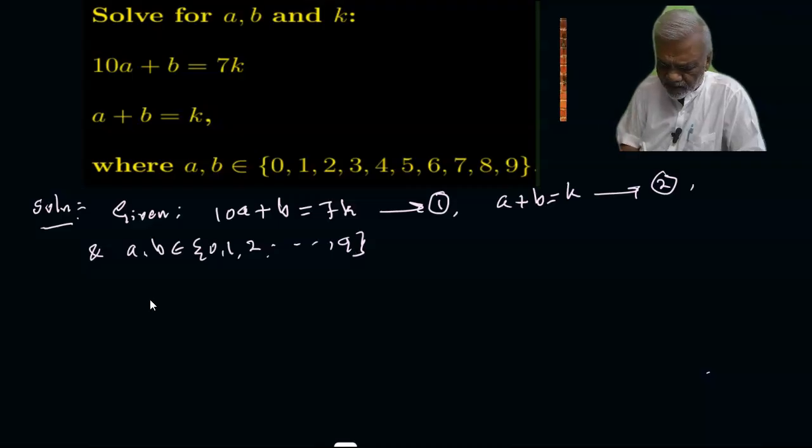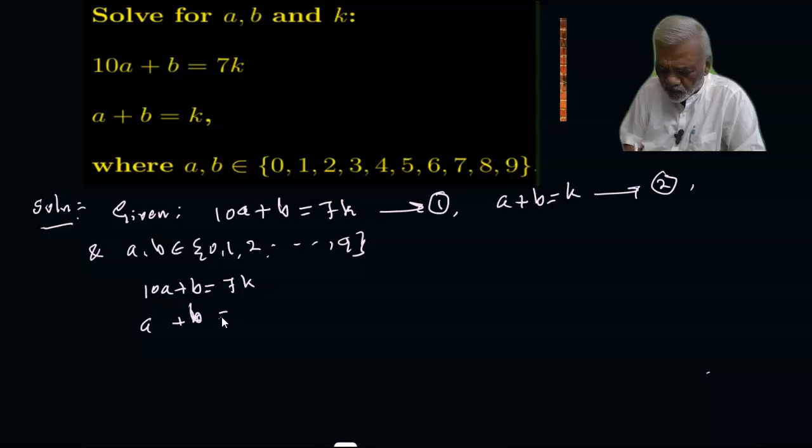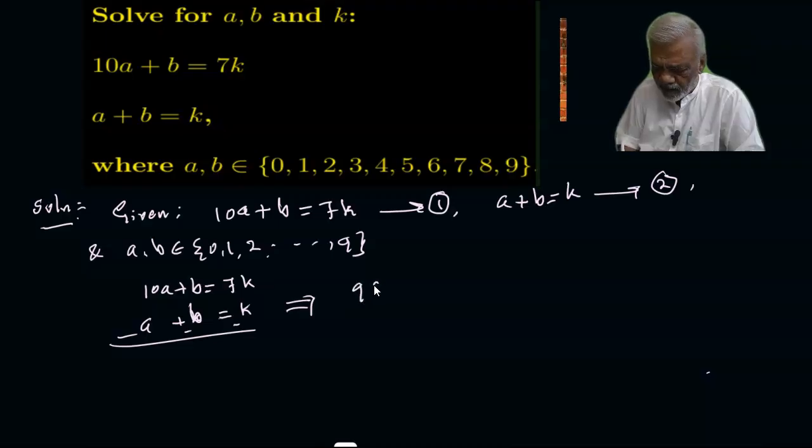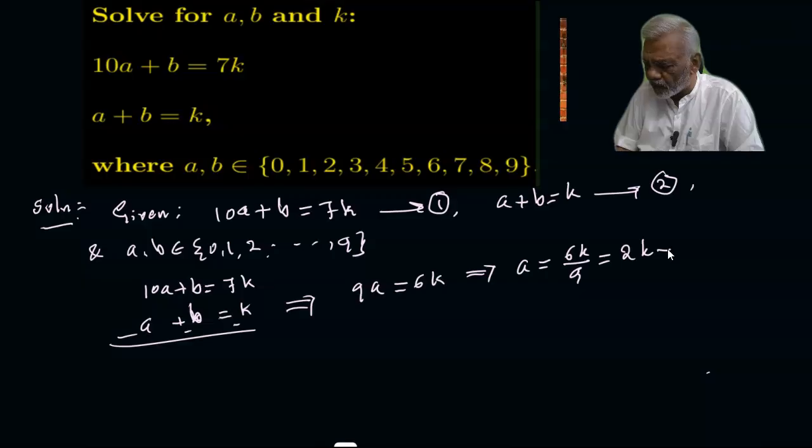Now here, you can see, subtracting the equation 2 from 1, 10A plus B equal to 7K, and A plus B equal to K, subtracting these implies 9A equal to 6K, and that implies A equal to 6K by 9 equal to 2K by 3.